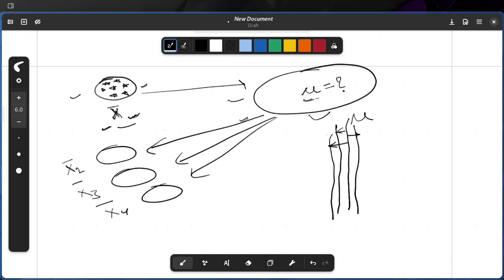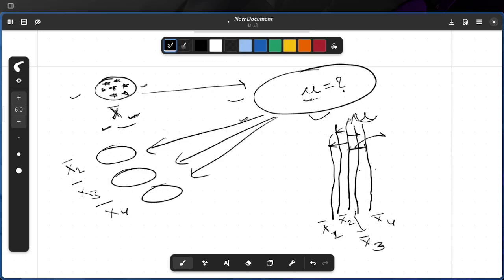So let's say this is x1 bar, x2 bar, this is x3 bar, and this is x4 bar. So let's say these are our 4 sample means, and this is the population mean and these are our sample means. We are just simply plotting. As you can see, there is certain deviation from the population mean, right?